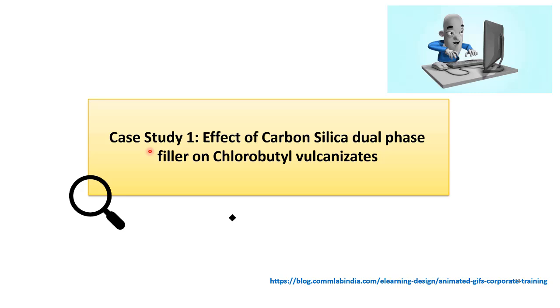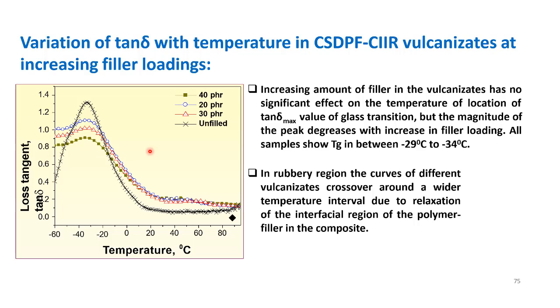So coming to the case study, the first one is for the carbon-silica dual phase filler on chlorobutyl vulcanizates. As you can see, for the unfilled sample the peak is sharp, but for the filled samples, at 20%, 30% and 40% filler, the peaks become broad. With increasing filler the temperature is not changing, so it has no significant effect on the temperature.